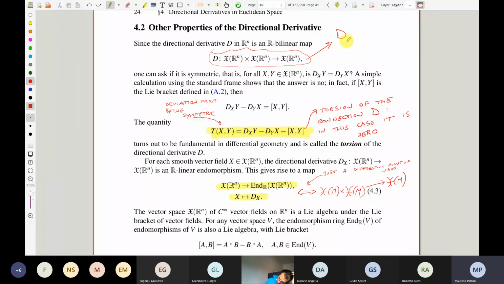Okay, so let's take the derivative in the direction d/dx of what? Of another one, d/dy, or d/dx1, d/dx2. Okay, but let's keep it simple. If you do this, you discover that this is not zero.